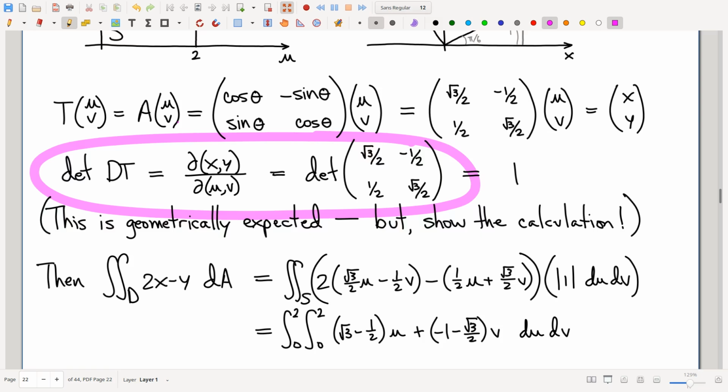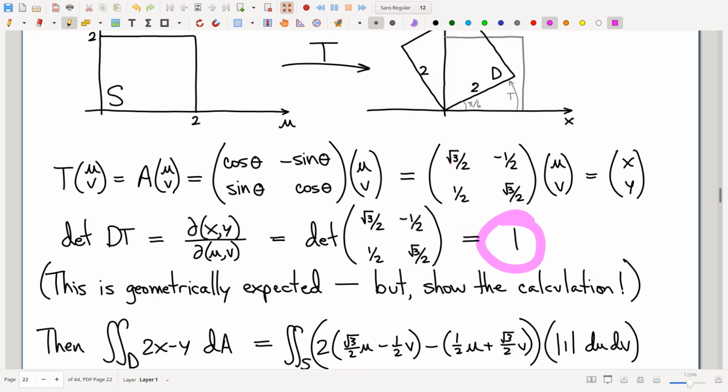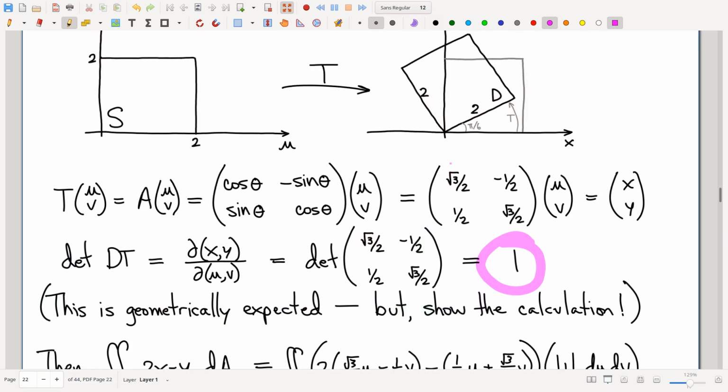We take the determinant of that, and as the arithmetic works out, we get 1 as our stretching factor. And what are the odds that a formula that involves trig and square roots and fractions, oh my gosh, all this stuff, and then the stretching factor is exactly 1? Seemingly a lucky, weird coincidence.